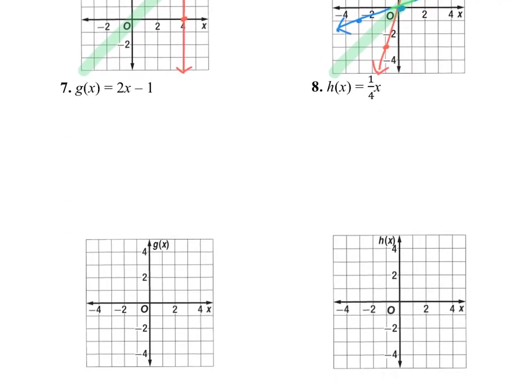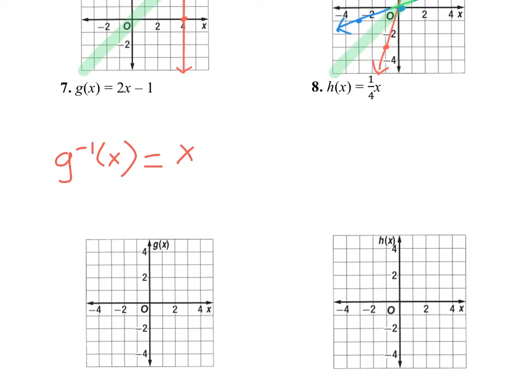Alright, so the shortcut is a little more difficult when there's 2 things happening to x. So I'm going to go ahead and write g inverse of x. Alright, so let's think about what's happening to x. It's being multiplied by 2 and then subtracted by 1. So again, x is being multiplied by 2 and subtracted by 1.